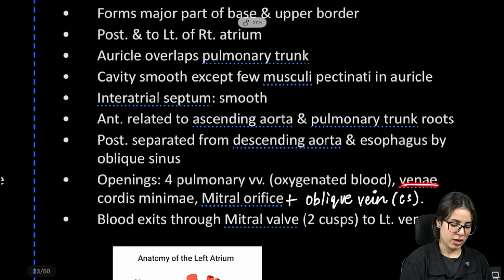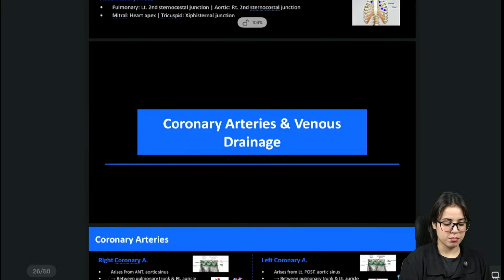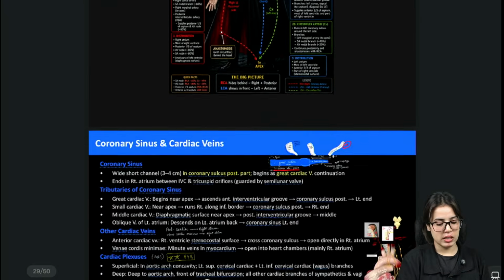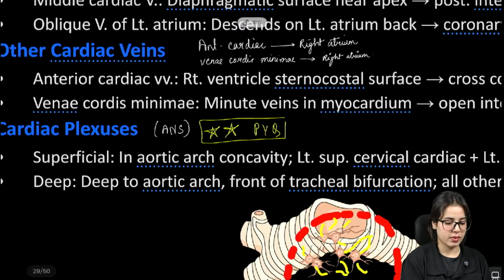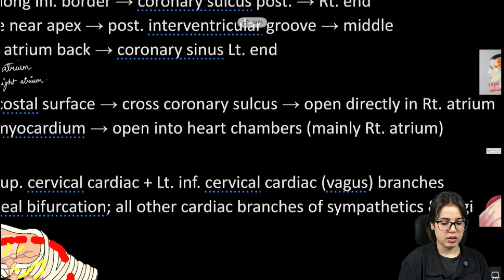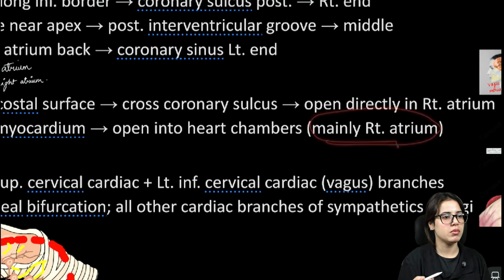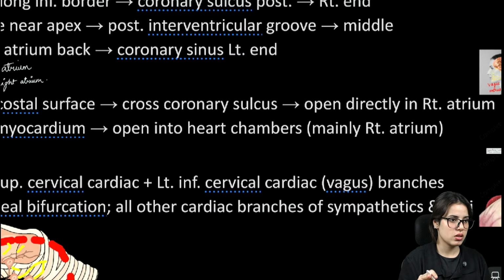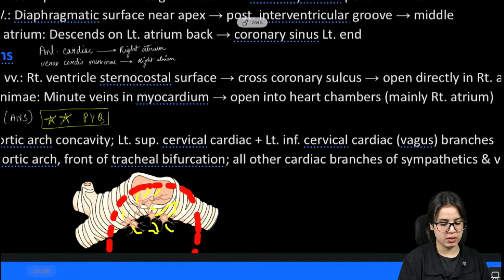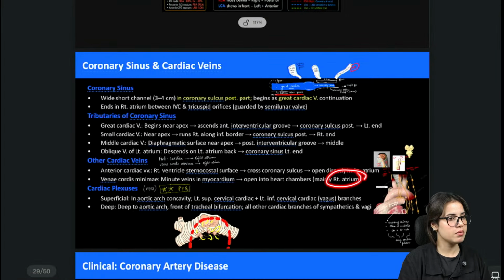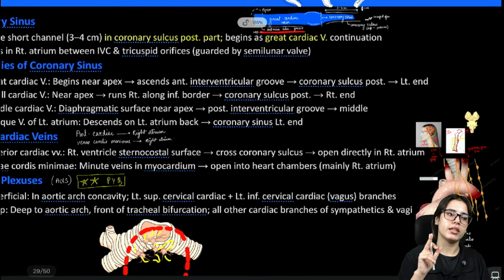It's actually mainly the right atrium, not 100% one tube going towards the right, but mainly most of it. It's written left atrium in the notes, so we'll go according to the main notes, but originally it's mainly the right atrium. This is the right part. If they talk about the coronary sinus, right atrium. But if it comes as left atrium, then right and left atrium also.